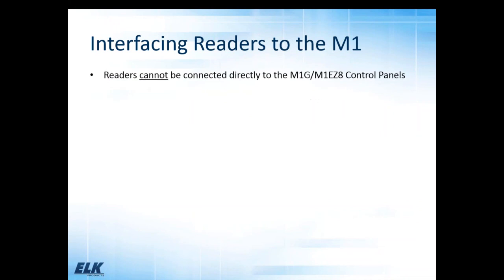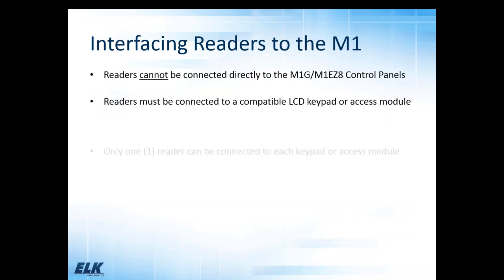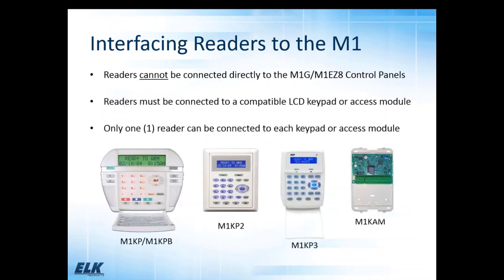So let's talk a little bit about how those 26-bit Wiegand devices can be interfaced to the M1. We have several keypads that can accept a reader. So you're looking at the M1KP, M1KPB, which is the same as the KP that you're seeing on the screen there, but with a blue display, our M1KP2 and our M1KP3.